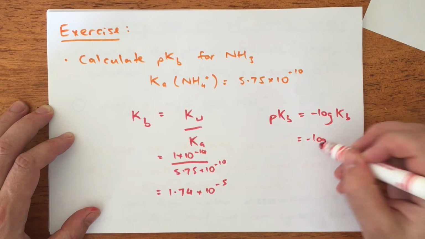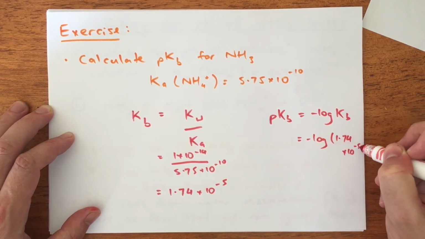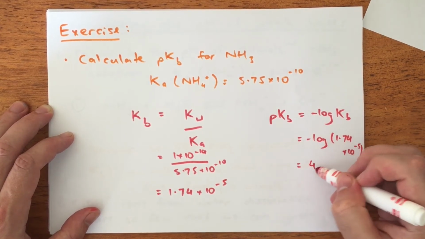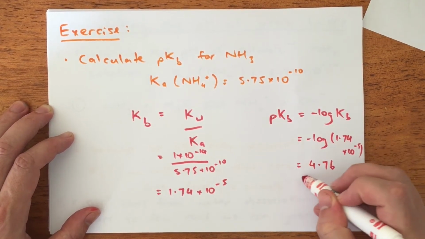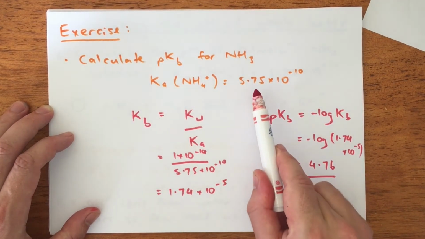Negative log 1.74 times 10 to the negative 5 equals 4.76. So 4.76 is the pKb, when 1.74 times 10 to the negative 5 is the Kb. Both of those numbers are true for NH3.